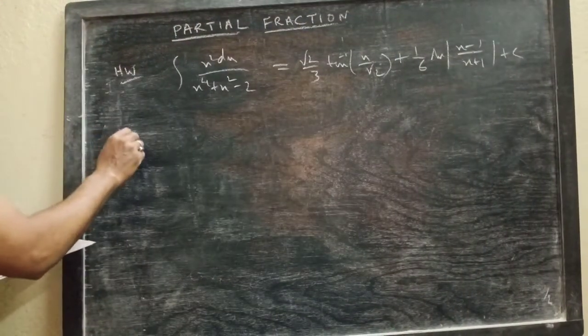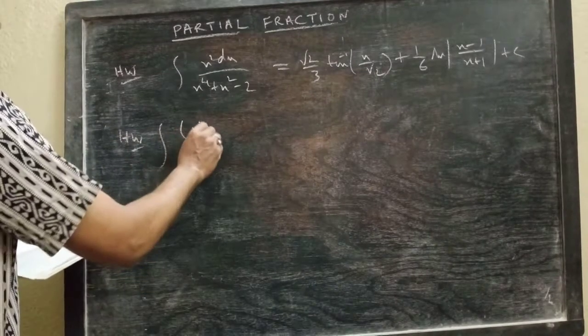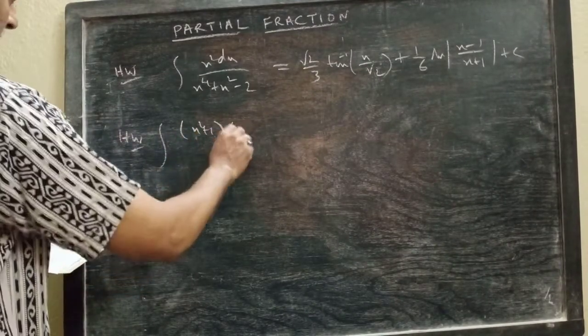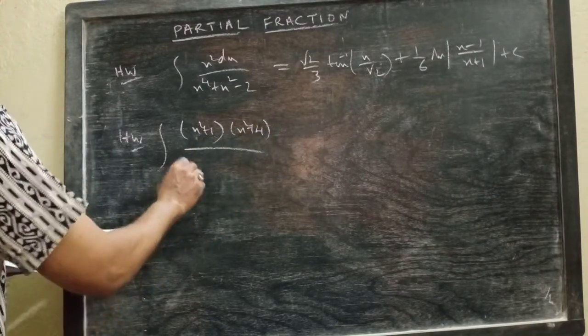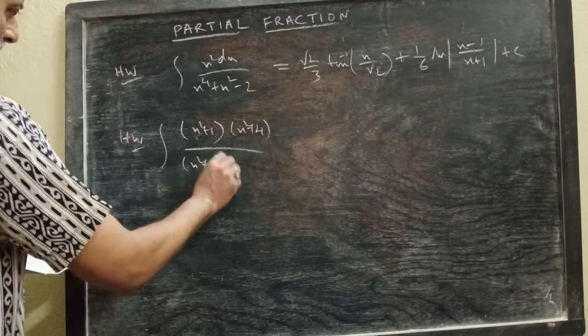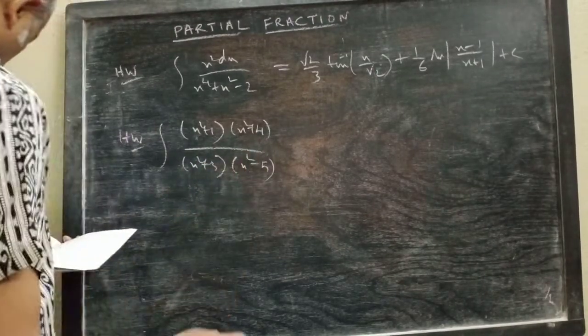Next homework, integration of (x square plus 1)(x square plus 4) divided by (x square plus 3)(x square minus 5) dx.